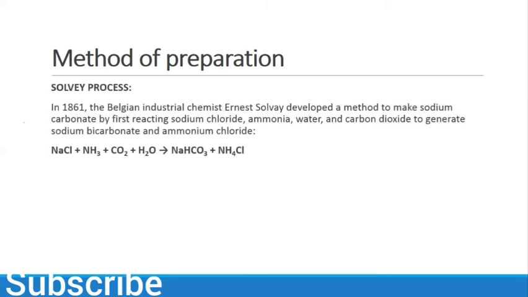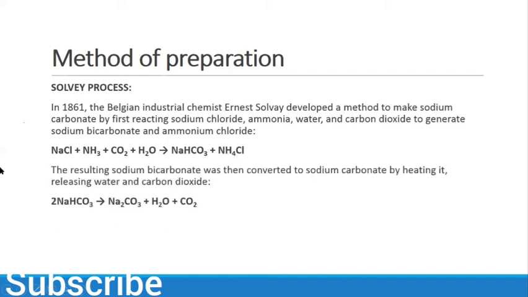So these are a form of a rock. And then we have the Solvay process which we already discussed in ammonium chloride. So now we will study in detail. For this we need sodium chloride, ammonia, carbon dioxide, and water. Then we have sodium bicarbonate and ammonium chloride.